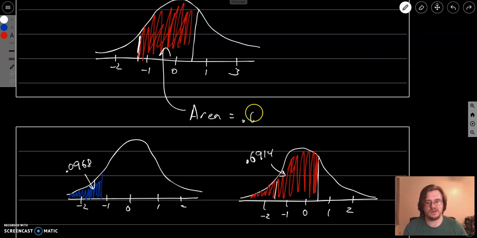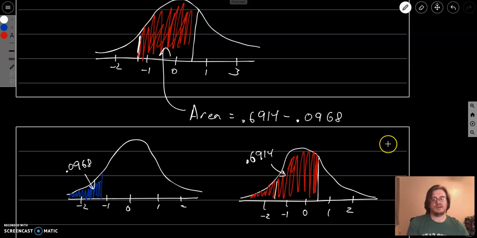So this area here is going to be this, if I could write, minus this guy, and I'll have to do a little bit of mental arithmetic here, but ultimately we can calculate this value.